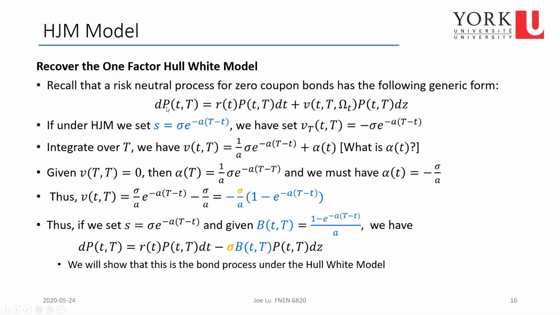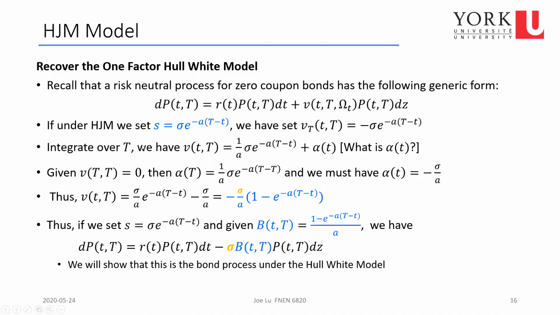Well, take a generic process for zero coupon bonds under risk neutral. The drift is always this, and the vol term is obviously some v function as a volatility times P dZ. So the important thing here is to determine what this v is.